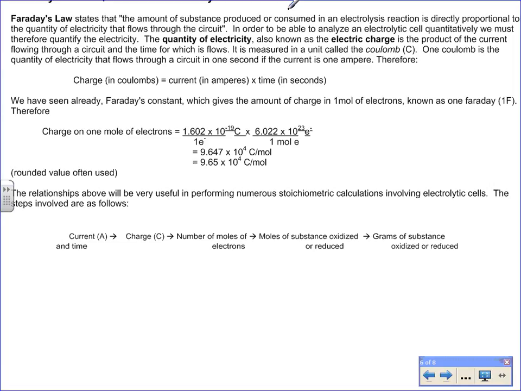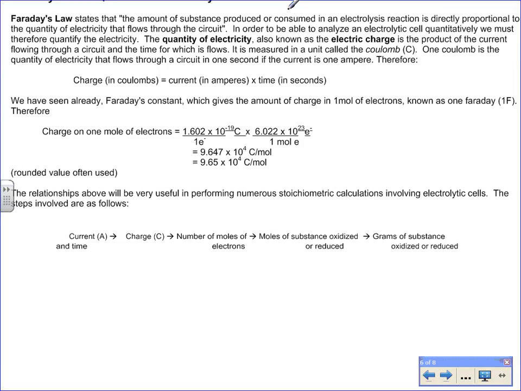Okay, now if we want to look at Faraday's law in quantitative electrolysis, what Faraday's law states is that the amount of substance produced or consumed in an electrolysis reaction is directly proportional to the quantity of electricity that flows through the circuit.